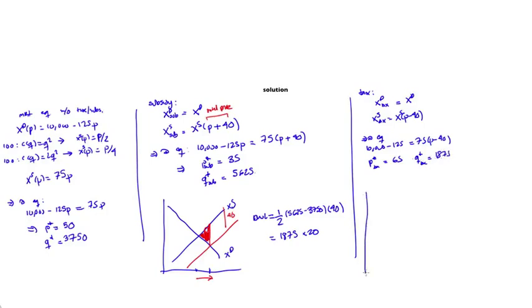Now we're in a situation in which the deadweight loss looks like this. You have the demand, the supply. The supply has shifted like this, so quantity has gone down, and the deadweight loss is this. Okay?